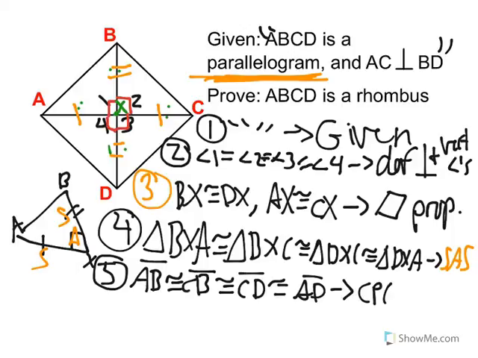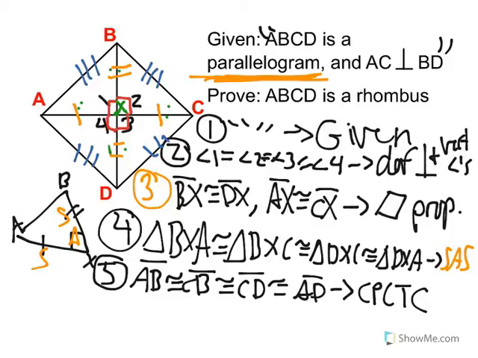And that is by CPCTC. So now we know, based on CPCTC, that this side is the same as that side, is the same as this side, is the same as this side. They're all congruent. And the definition of a rhombus is that there are 4 congruent sides.